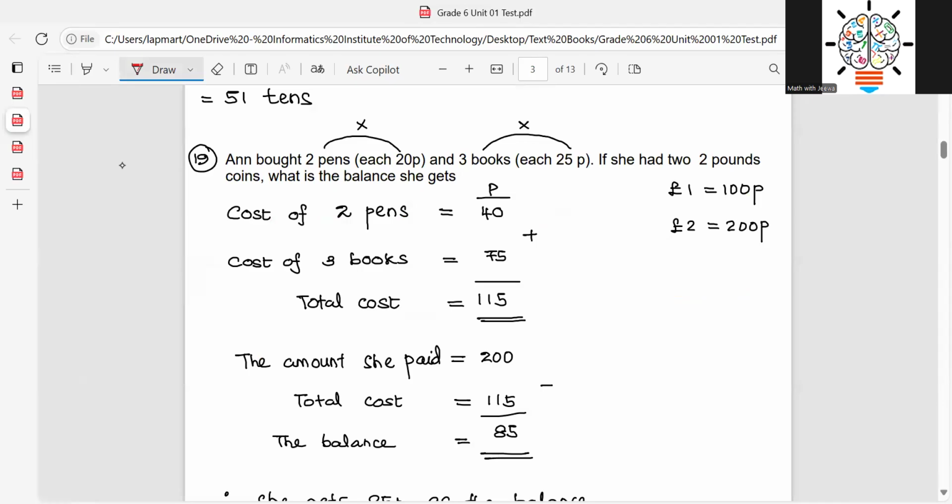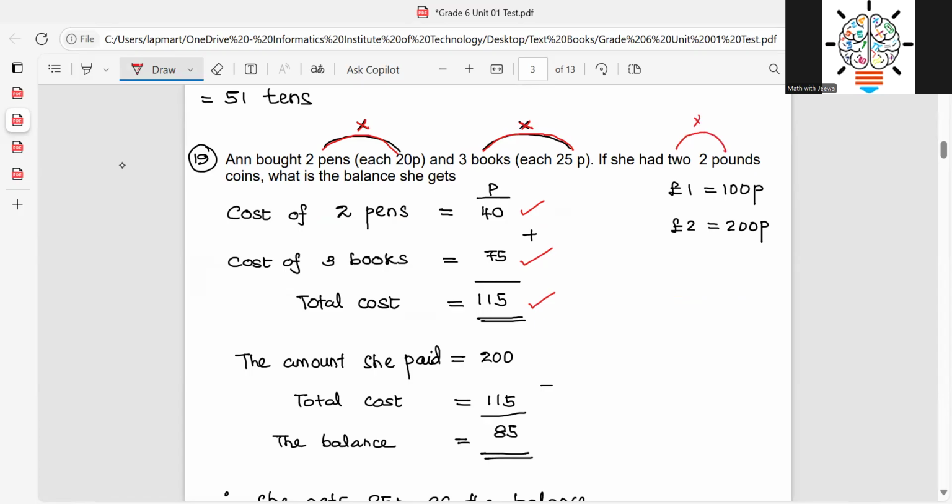You just see 2 times 20, it is 40. That is done. Then 3 times 25, 75. That is done, right? When I add 40 and 75, it is 115. That is also done. And she had two 2-pound coins.